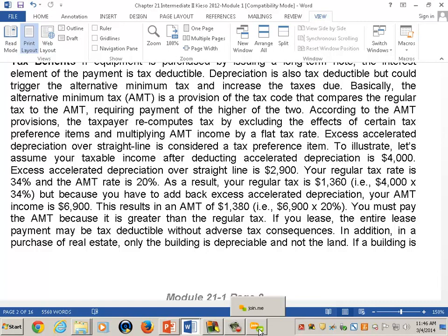Now, the other advantage of leasing, we say that it does what? It will keep the risk of loss with the lessor. I think so. I mean, that's a question I'm going to ask you probably on Thursday.